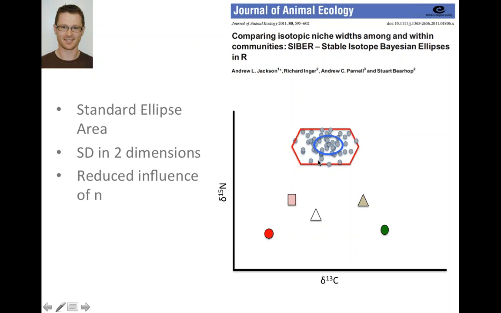You take a univariate distribution, which is one axis and a series of values, and you can get a standard deviation on that range of values, and you could plot that as a line. If you have a bivariate data set, with a series of data points going on two axes, and you plot the standard deviation of your y-axis and the standard deviation of your x-axis, you can generate this ellipse. Essentially, it's standard deviation in two-dimensional space.